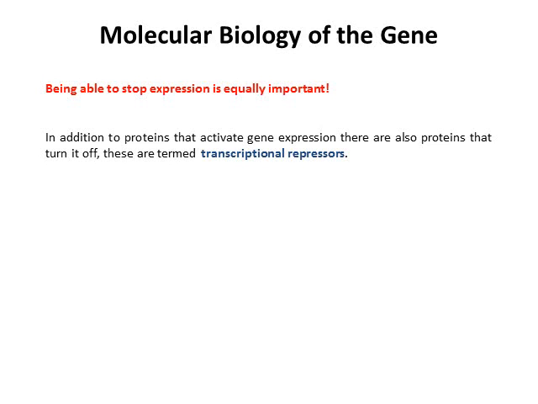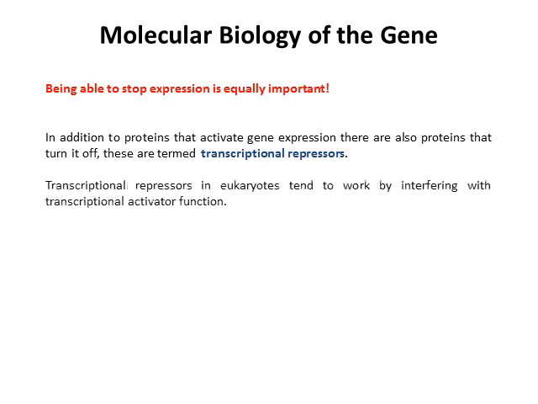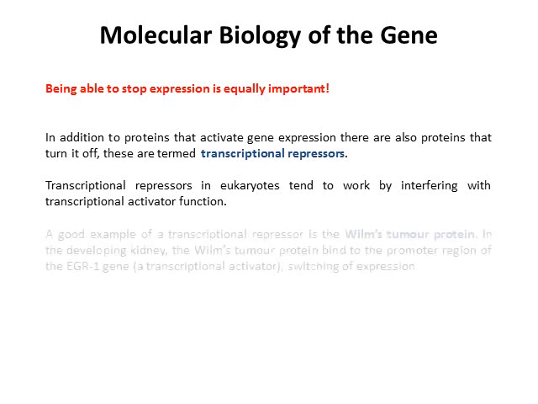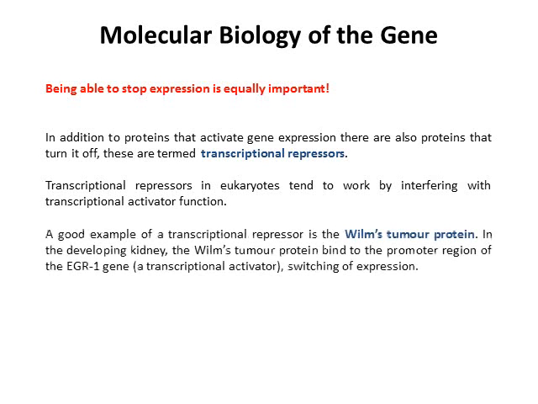So in order to turn off genes, we also have things which are called transcriptional repressors. In eukaryotic cells at least, these transcriptional repressors tend to work by interfering with the transcriptional activator function of enhancing proteins or transcription factors. A good real world example of a transcriptional repressor is the Wilms tumour protein.